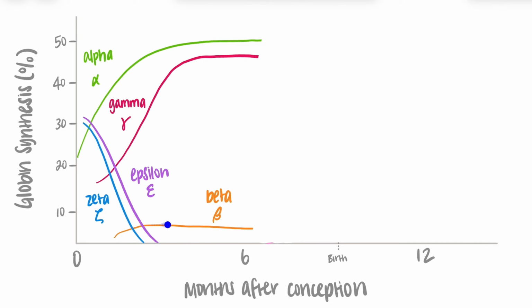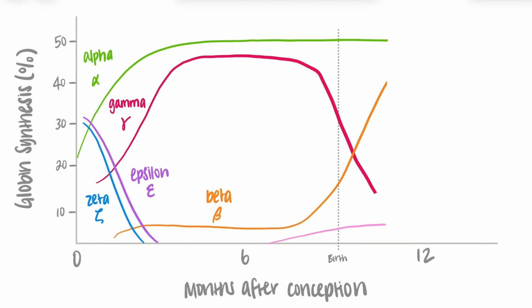In the meantime, some beta globin is starting to be produced as the gene for beta globin is starting to get activated. At around 9 months of development, shortly after we're born, an important switch occurs. The production of gamma globin decreases and is finally surpassed by the production of beta globin. This is when hemoglobin A finally becomes the dominant form of hemoglobin.